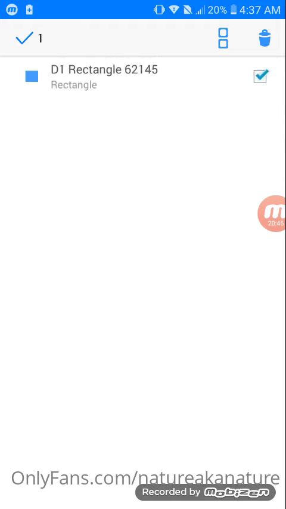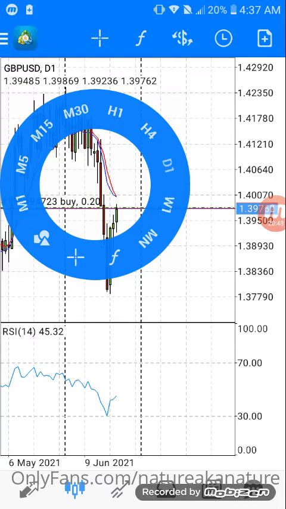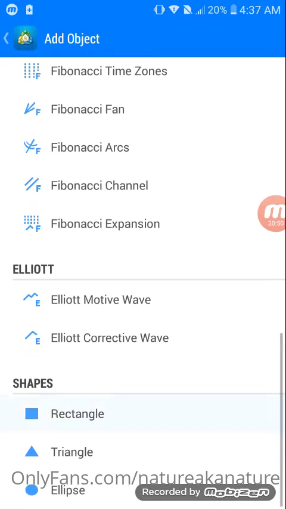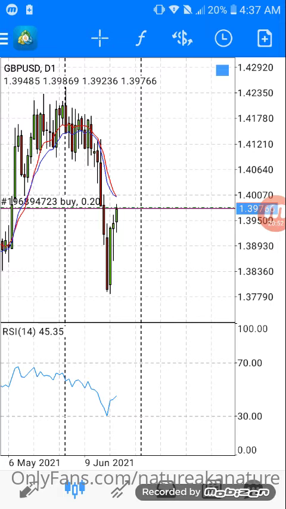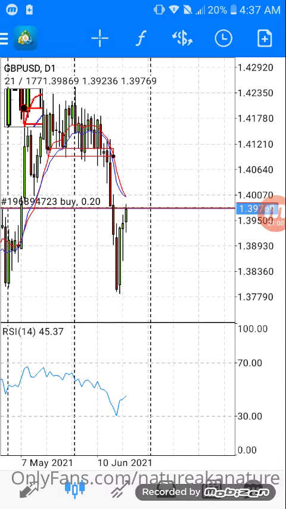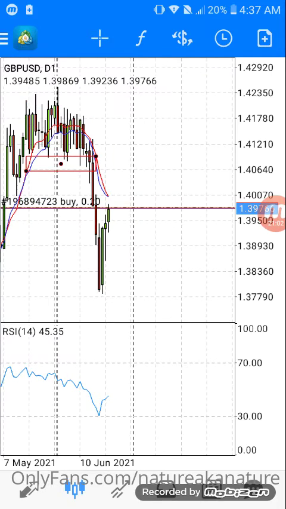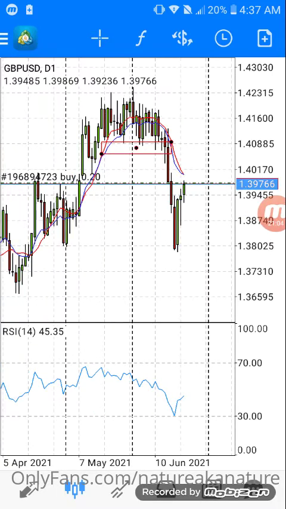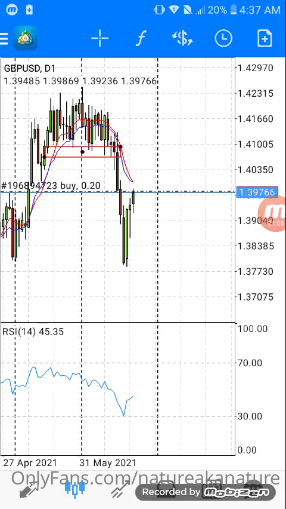Yeah, you can draw this rectangle. Price is consolidating around here.